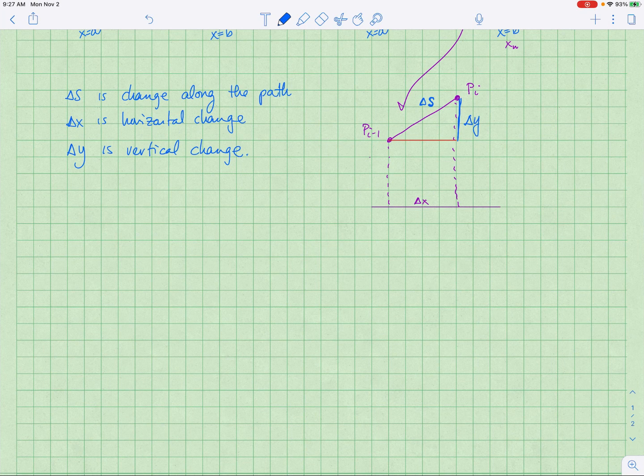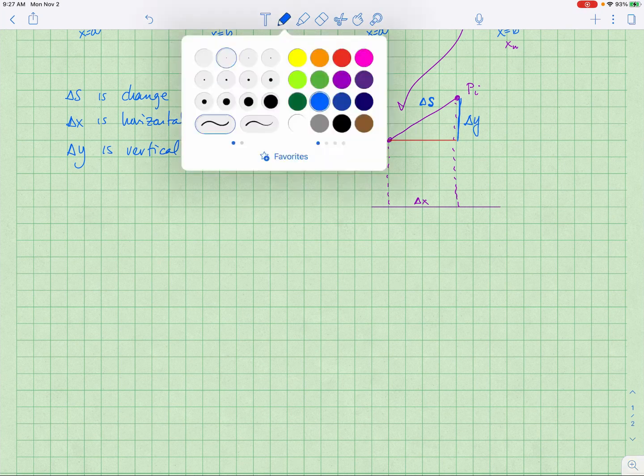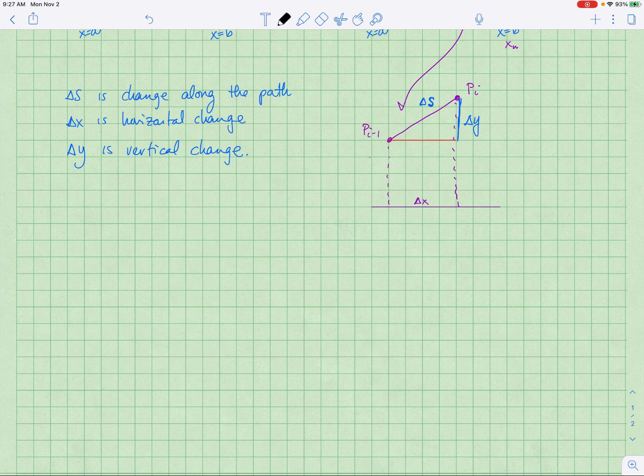Now, the length of the purple line segment, this guy right here, classically speaking, I guess we could write that as, so this is some old school geometry notation, P sub i minus 1 to P sub i line segment.